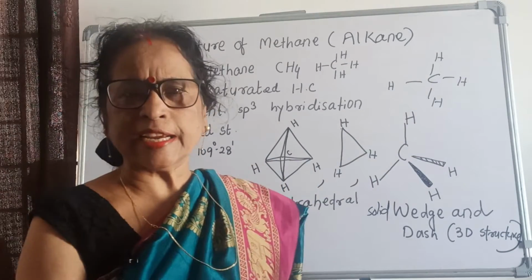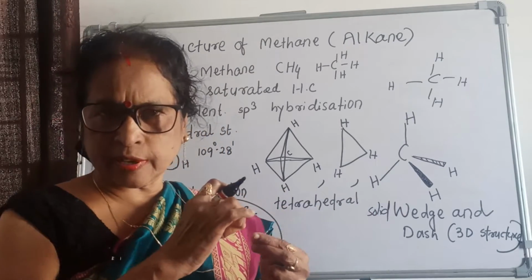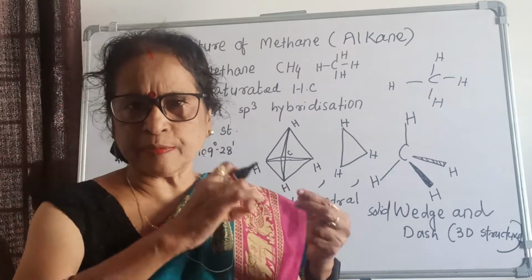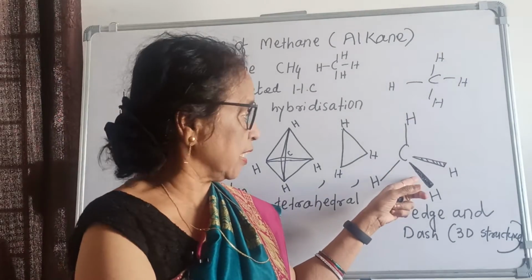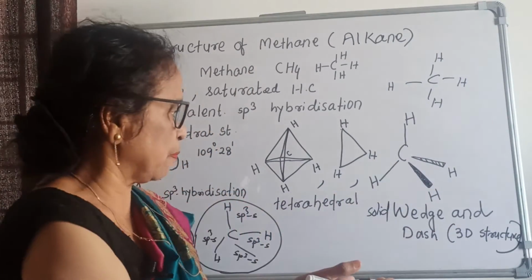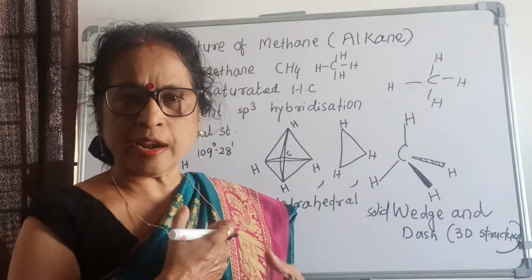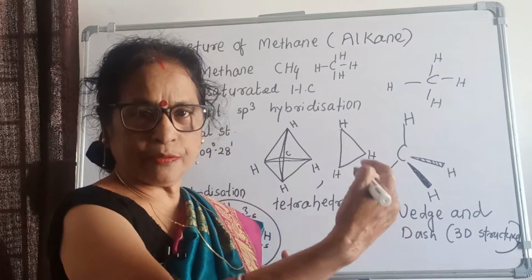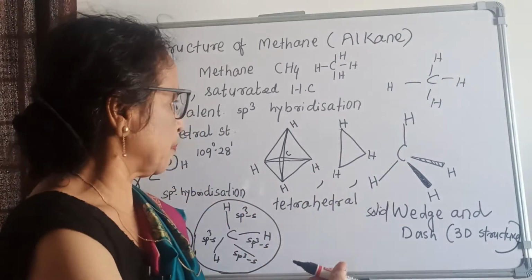Then what does it indicate? It indicates different types of bonds are there. The solid wedge, which is towards the observer. When I want to see, I can feel in space the arrangement like this.